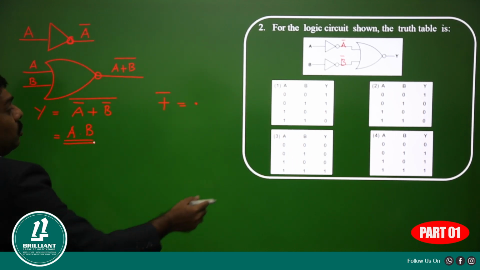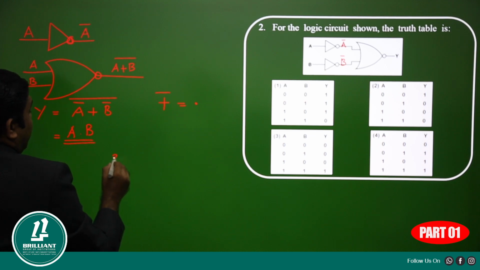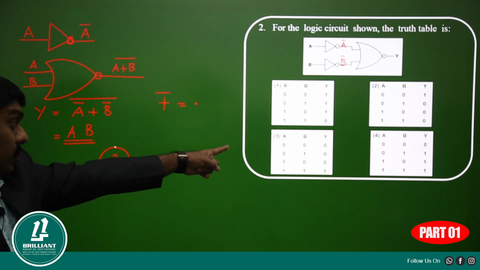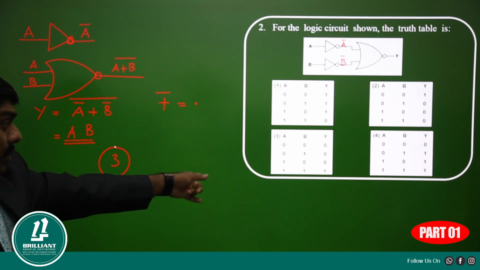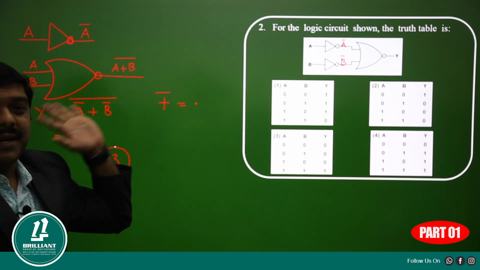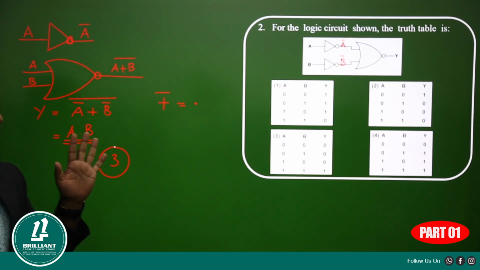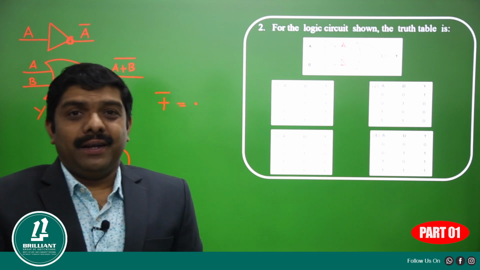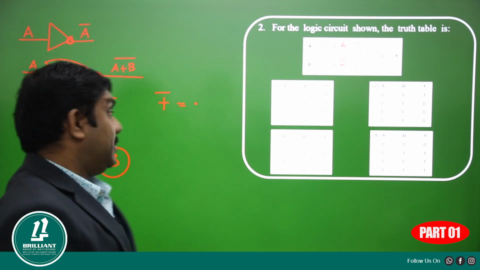So option 3 is the right one that represents the AND gate. Look once more: 0 into 0, 0. 0 into 1, 0. 1 into 0, 0. 1 into 1, 1. So the right option here is option 3. Now we are going to do the next question.